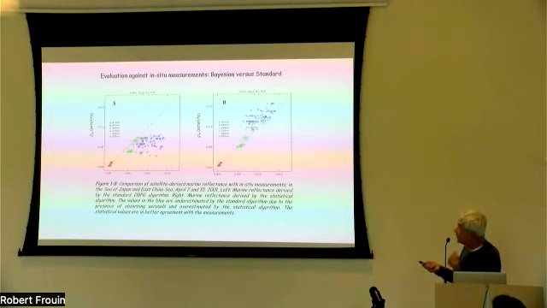In fact, I mentioned that we have measurements, and so we could check whether this statistical approach was better. And here you have the comparison between satellite and in situ measurements with the standard algorithm and the Bayesian approach.